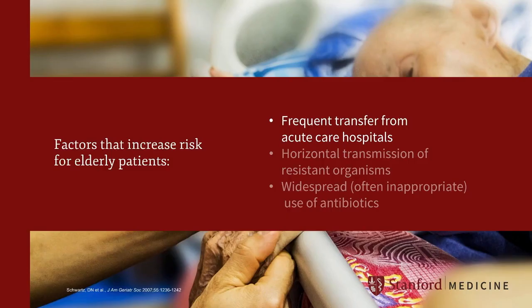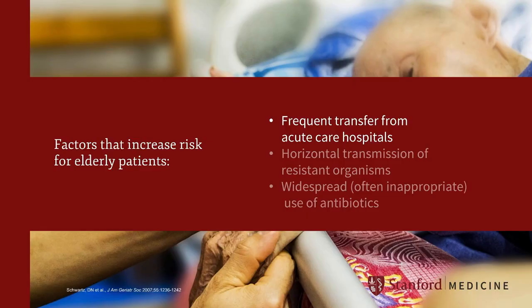The reasons for high rates of drug-resistant organisms in long-term care facilities are multifaceted, including the frequent transfer of patients with multi-drug resistant organisms from acute care hospitals to long-term care facilities, increased opportunities for horizontal transmission of drug-resistant organisms, and the widespread and often unnecessary use of antibiotics.